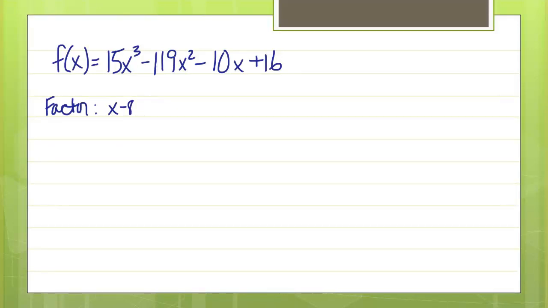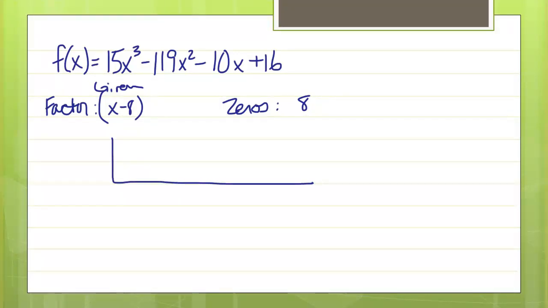I could be asked to factor, given that x minus 8 is one of the factors, or I could be asked to find the zeros, given that one of the zeros is 8. So again, I can do synthetic here, no problem. 15, negative 1, 19, negative 10, 16, no missing terms.